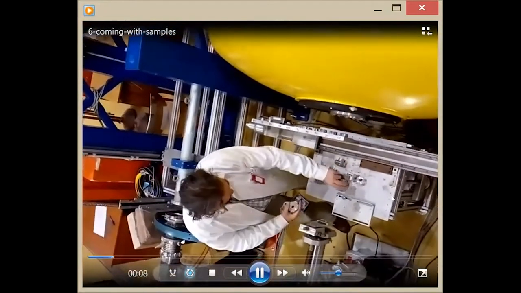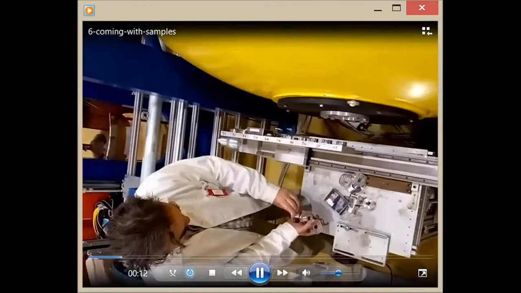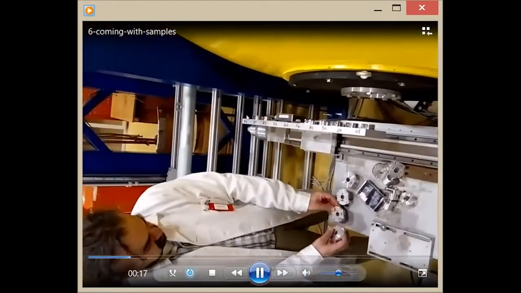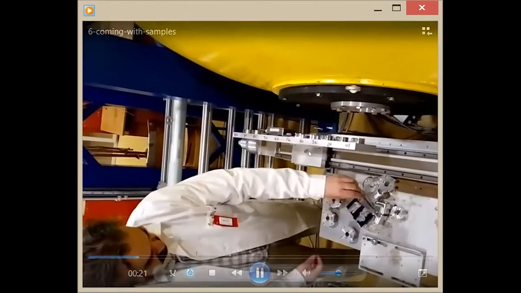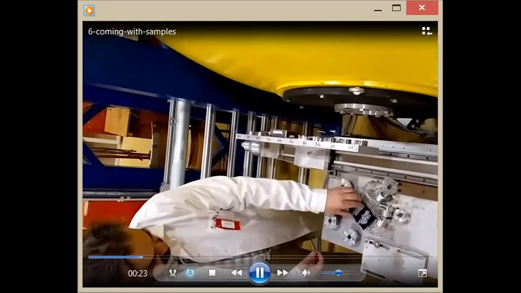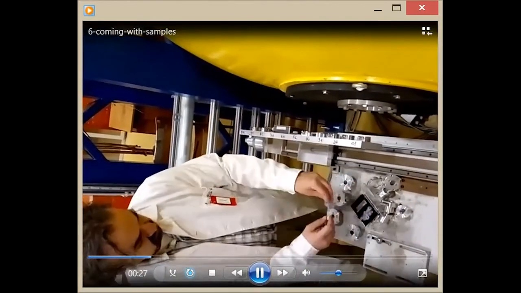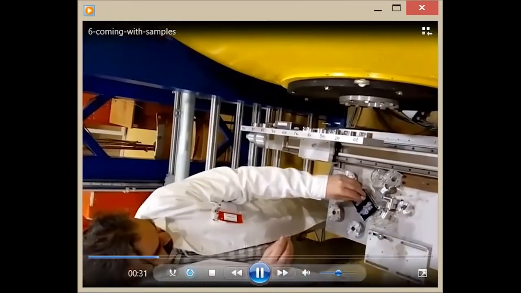The sample table is motorized. It can move vertically and it can move horizontally. So this rail can move with this sample holder. There are various sample holders. Some of them are connected to a temperature control device, and this one is not connected. So we see that it is just a piece of aluminum.